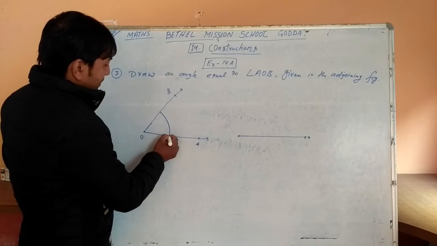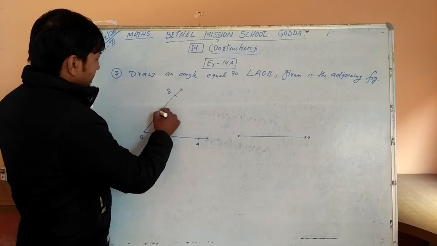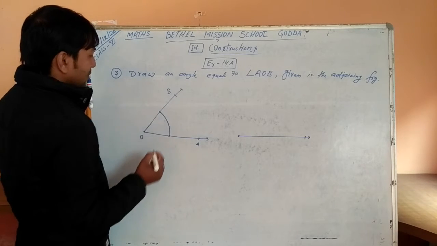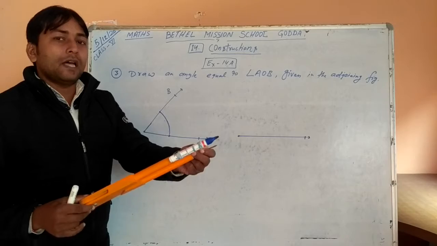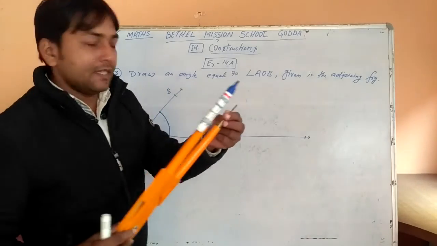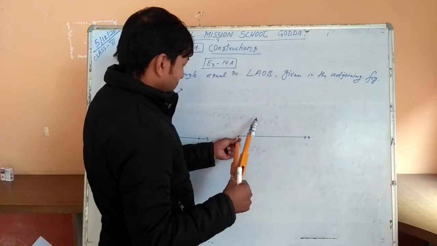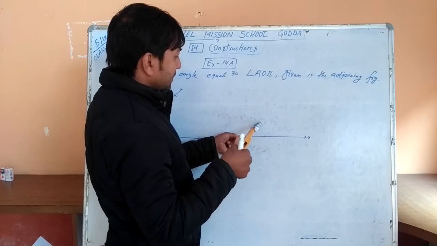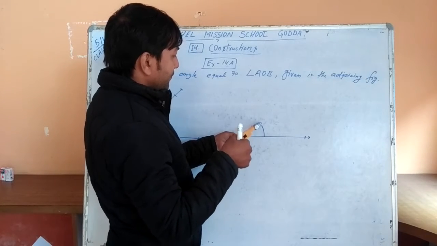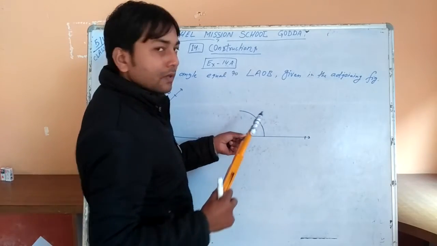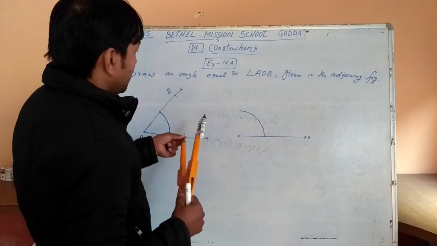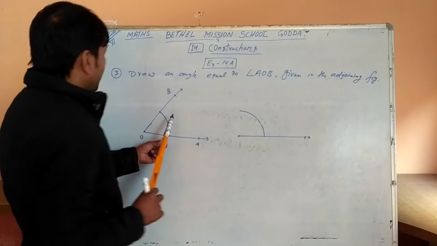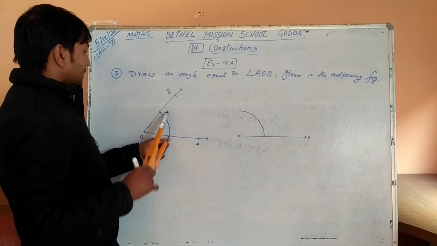OA cuts here and OB cuts here. Okay, with the same arc, without disturbance, you have to draw an arc. We have drawn, and now you have to measure the length of this arc.